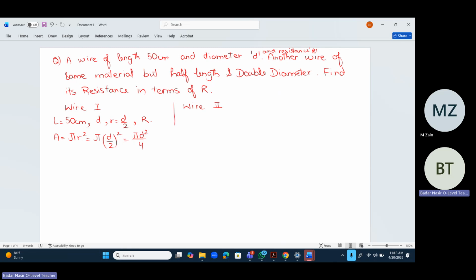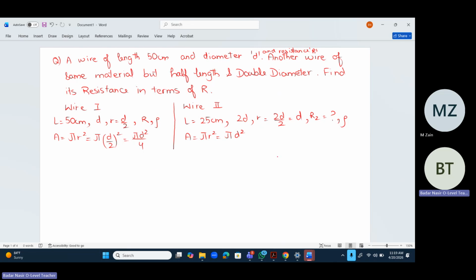The second wire has half length, which means half of 50 will be 25 centimeter. And it has double diameter 2D. So its radius is going to be 2D over 2, that is D. Area formula pi r square, it's going to be pi D square. We don't know the resistance of the second wire, but we do know that both the wires have the same resistivity rho.